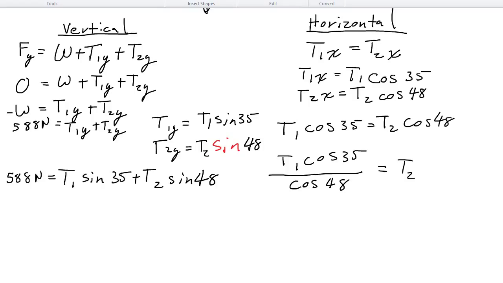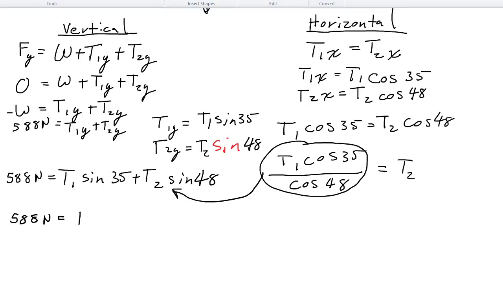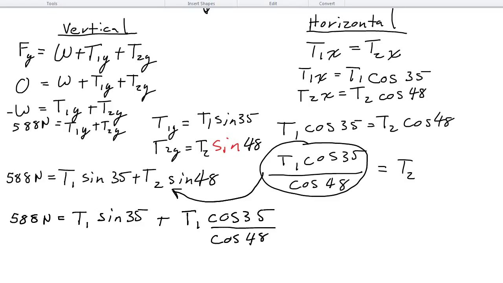Okay, and so I know what T2 is equal to, and so I can substitute this term in here for T2. So I have 588 newtons is equal to T1 sine 35 plus T2, substituted in for T1 cosine 35 divided by cosine 48 times sine 48.